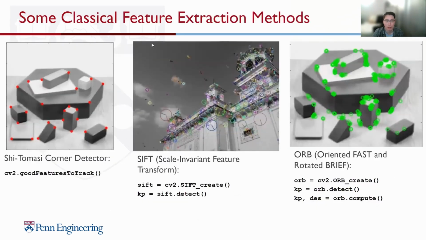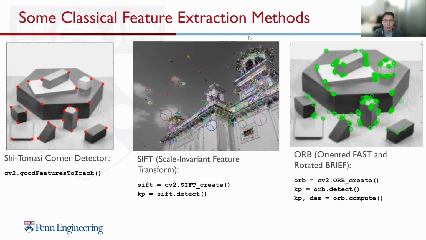There are also automatic feature extraction algorithms inside OpenCV. The first one is the Shi-Tomasi corner detector. It's a corner detector, and it also outputs a vector of descriptors, so that if we have another image of the same object, we can tell if this is the same location.